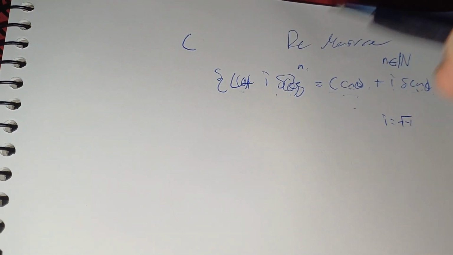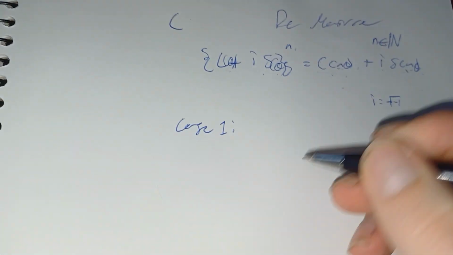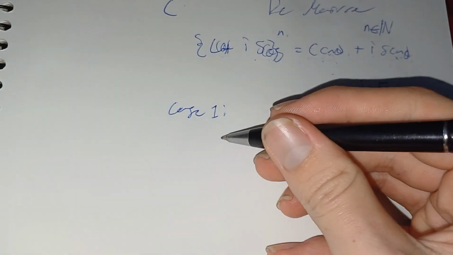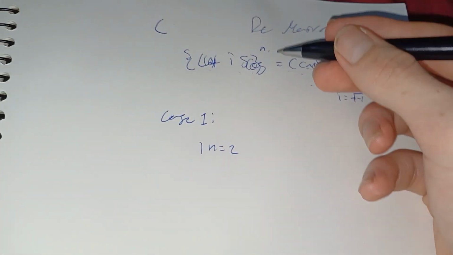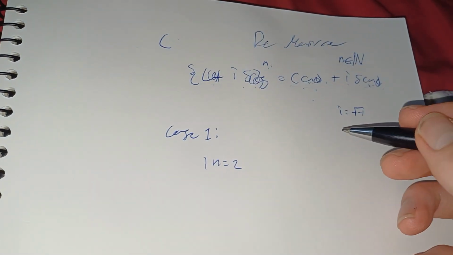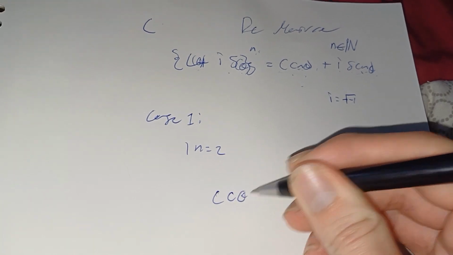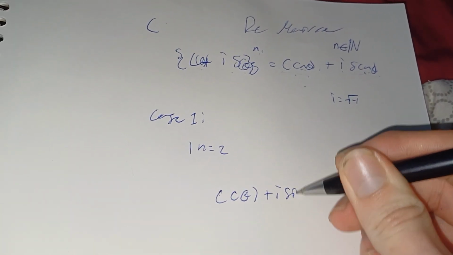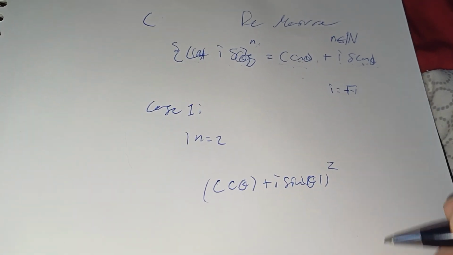And it's really interesting. We can take a look at n equals 2. So case 1, we're going to look at n equals 2. So let's see what happens if we replace n with 2. So we should get (cosine of theta plus i sine of theta) to the power of 2.